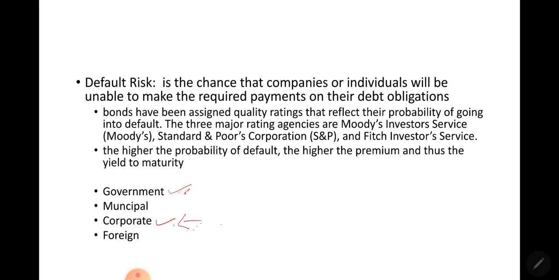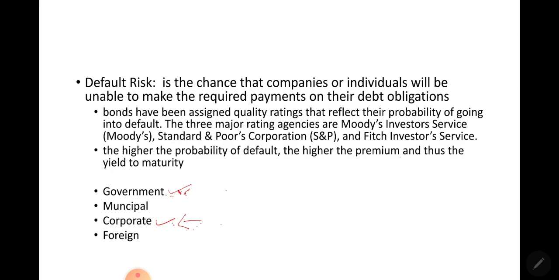The rule in finance is that the higher the risk, the higher will be the return. So government bonds are safe securities, that's why their interest rate will be less. Their YTM will be less because the investors do not need a very high rate for compensation. They are happy with a lower interest rate knowing that the security is safe.